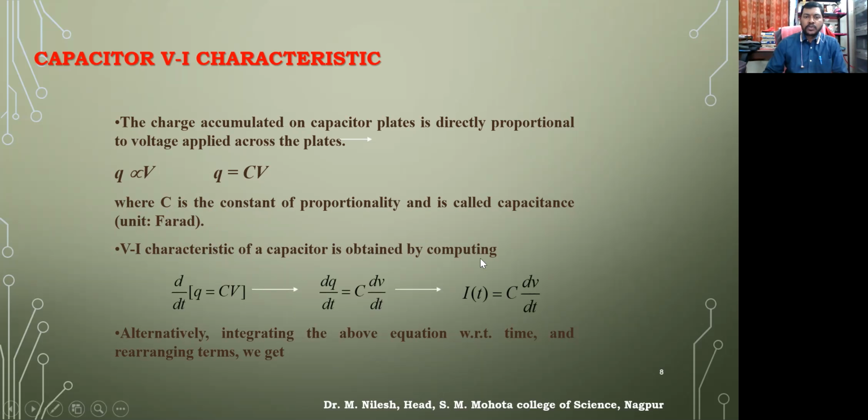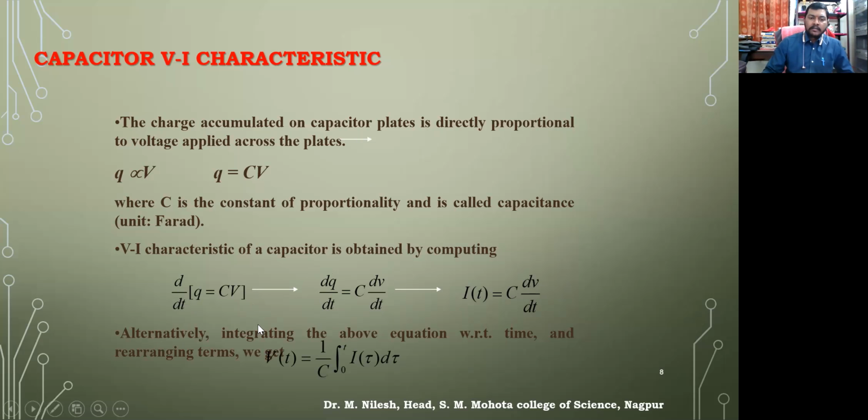We can have different forms of the equation, like d/dt of Q equals C into V. So we have dq/dt equals C dv/dt, and by that we can find the current. dq/dt is nothing but the rate of flow of charges, that is current. So I equals C dv/dt.